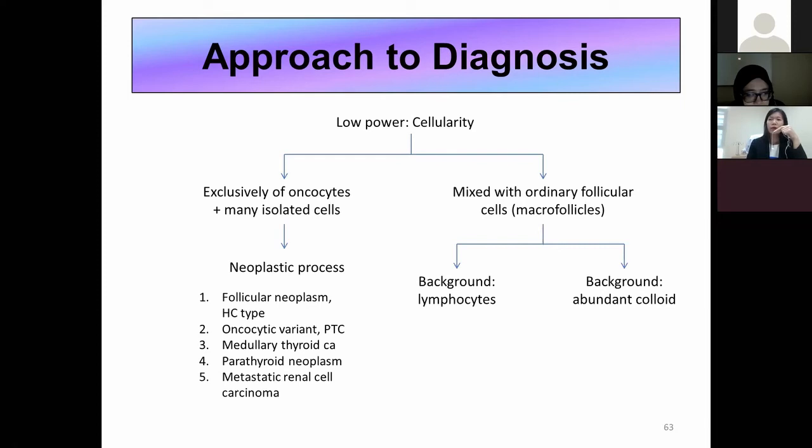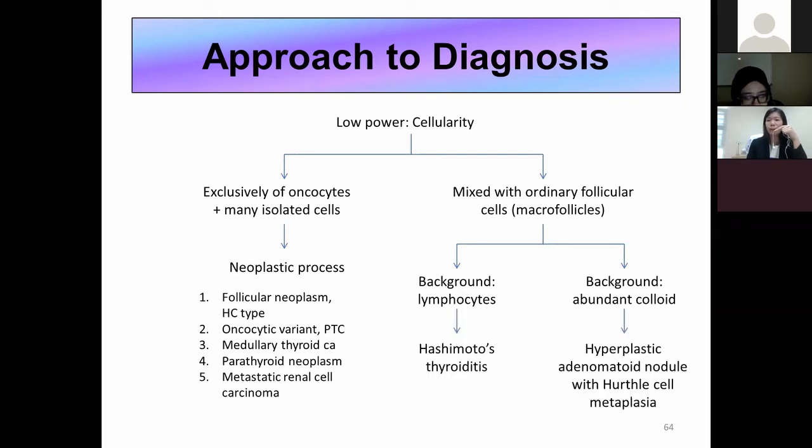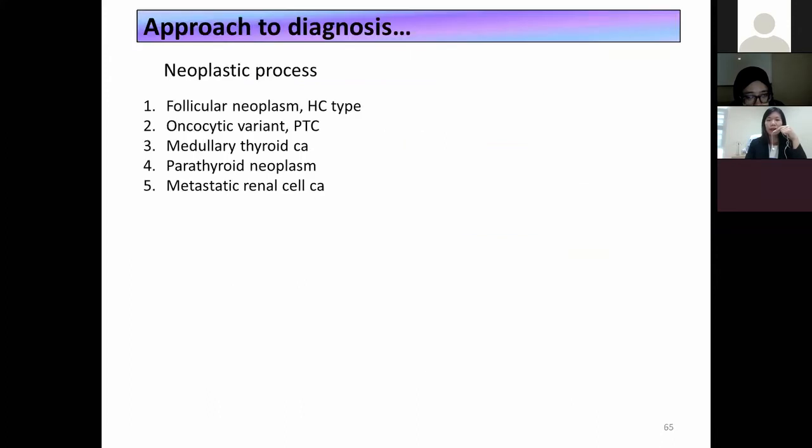Don't focus only on the cells, look at the background. If there are abundant lymphocytes, a polymorphic population of lymphocytes, please think of Hashimoto thyroiditis. And if it's composed of abundant colloid, then you will want to entertain a colloid nodule with Hurthle cell change, right?